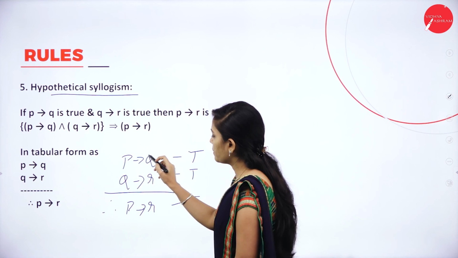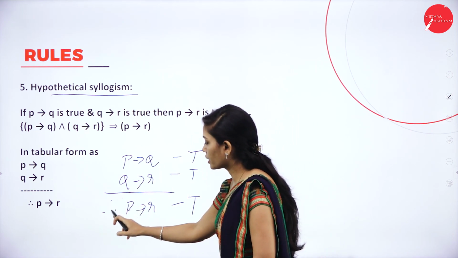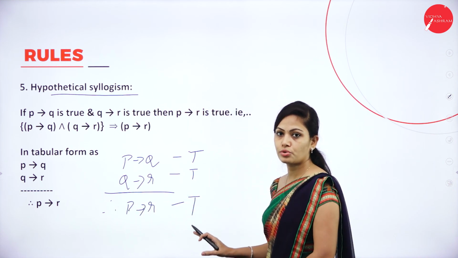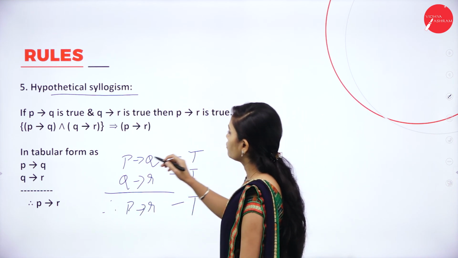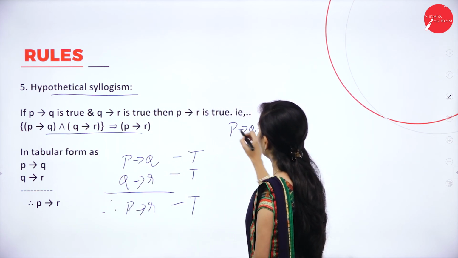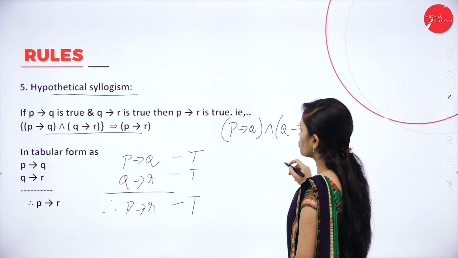Listen: P implies Q is true, Q implies R is true. Conclusion: therefore P implies R must be true. Example: first I will write the statement here. P implies Q is true and Q implies R is true.